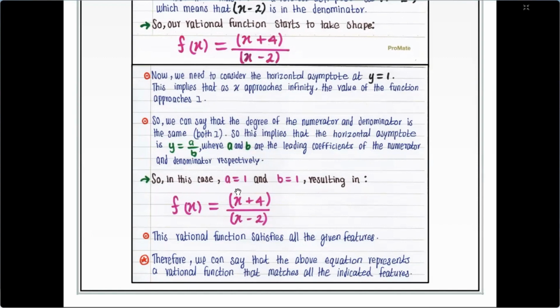So in this case, a equal 1 and b equal 1, resulting in f(x) equal within bracket x plus 4 divided by within bracket x minus 2. This rational function satisfies all the given features. Therefore, we can say that the above equation represents a rational function that matches all the indicated features.